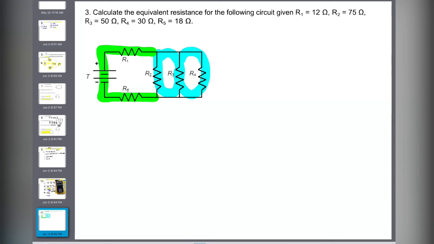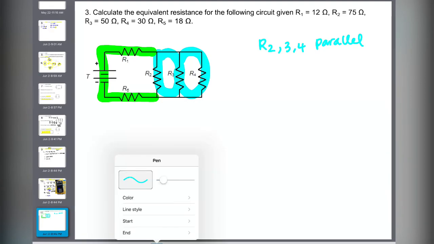So basically, the green and the blue are connected in series with each other, but within the blue, they are parallel. Let's just recap this. R2, 3, and 4 are actually connected in parallel to each other. They are the branching.